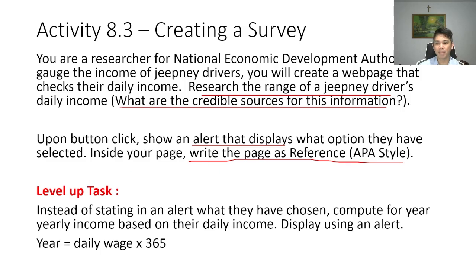And then as a level up task, instead of stating in an alert what they have chosen, you compute for the yearly income based on their daily income selected. So when we say daily income selected, aside from using .checked, you must also use document.getElementById by ID .value to get the value of the radio button, and then you compute it using this formula.